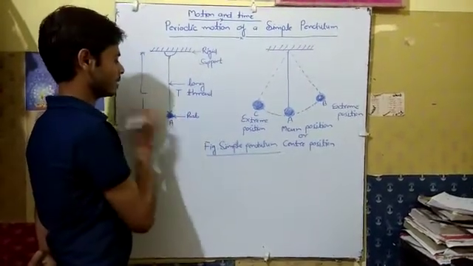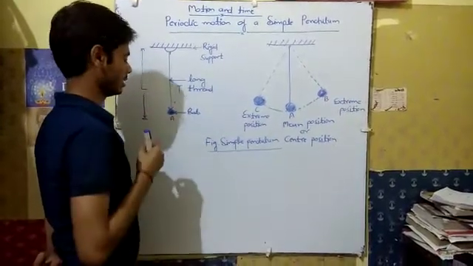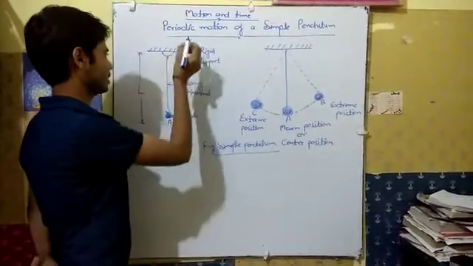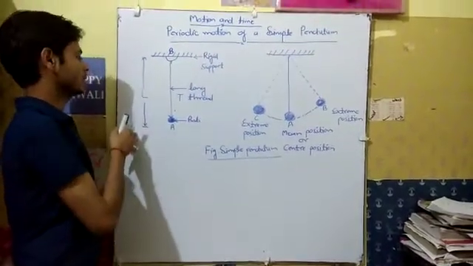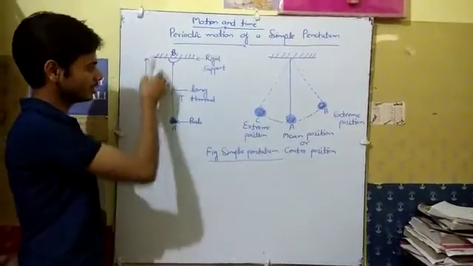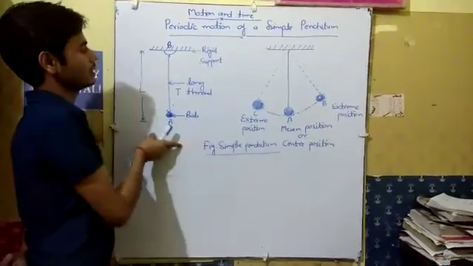This is the metallic bob. Metallic bob means it is made of metal. This is point A and this is point B, and L denotes the length of the thread. This is the figure of the simple pendulum.